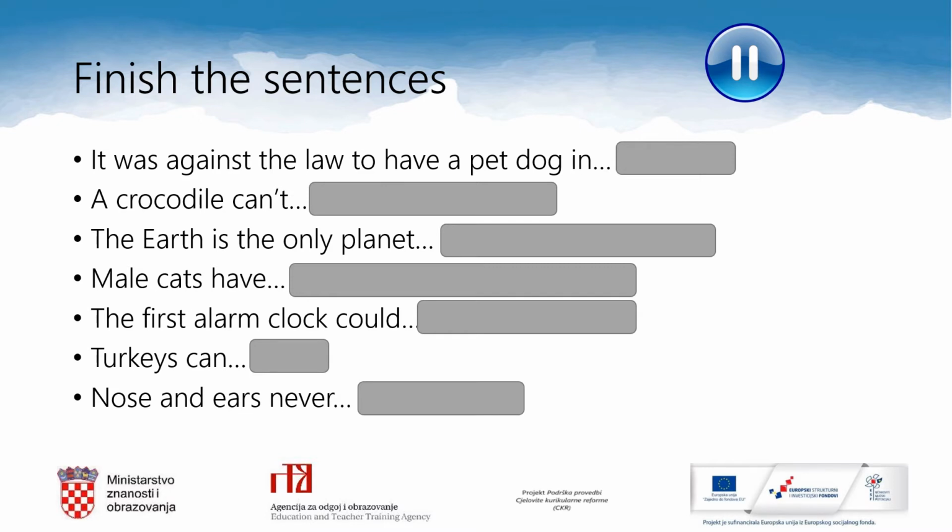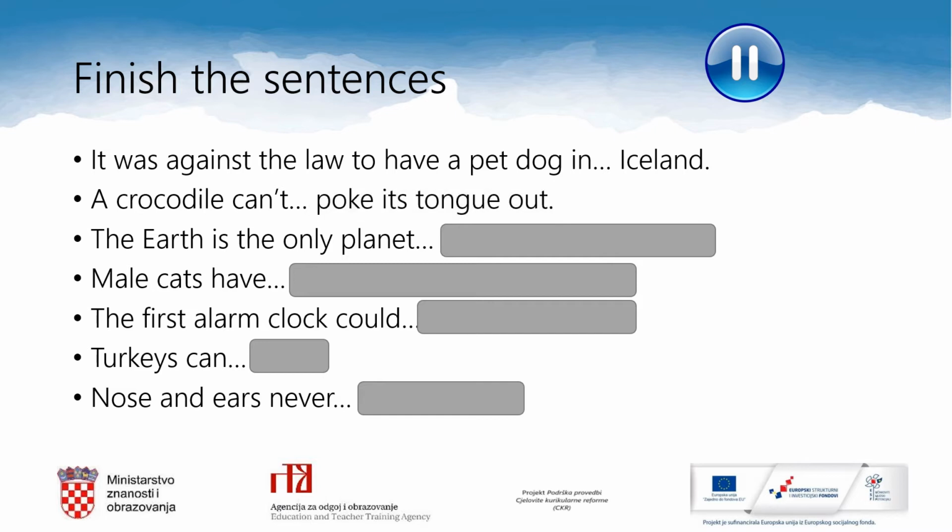Okay, let's read the sentences together. It was against the law to have a pet dog in Iceland. A crocodile can't poke its tongue out. The Earth is the only planet not named after a god.